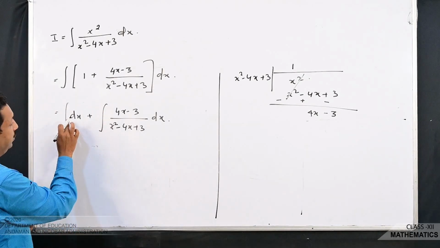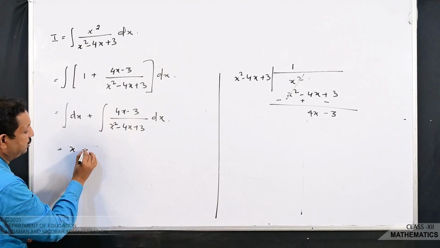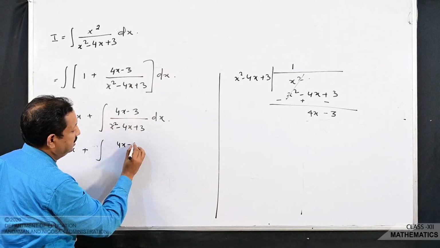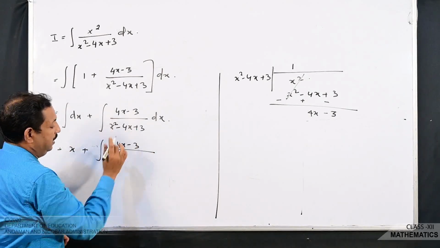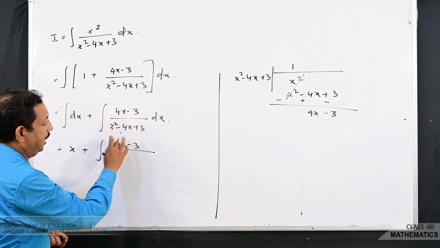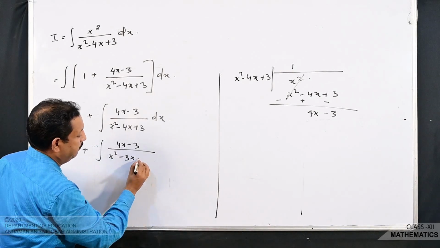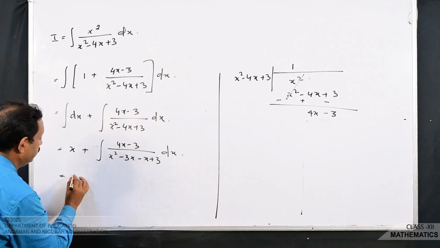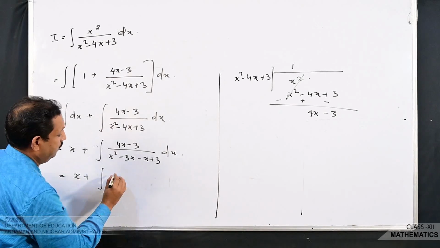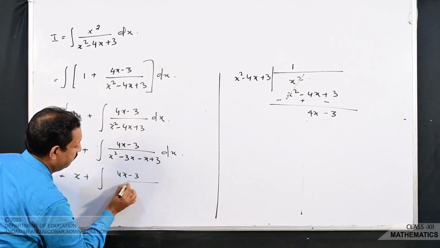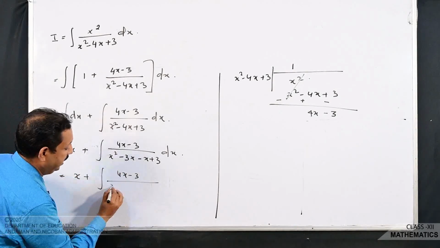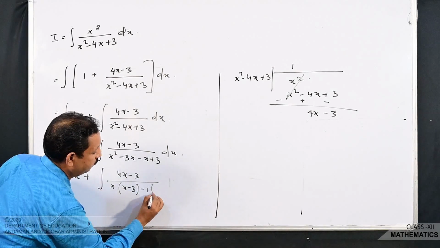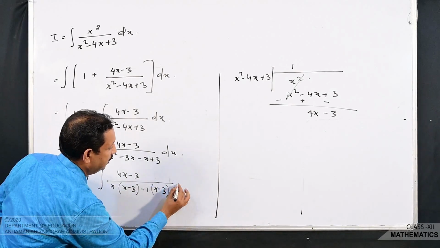Here I can put simply x, and here the integration is 4x minus 3 by x square. I can write this as x square minus 3x minus x plus 3, dx. So this equals x plus integration of (4x minus 3) by x(x minus 3) minus 1 times (x minus 3), dx.